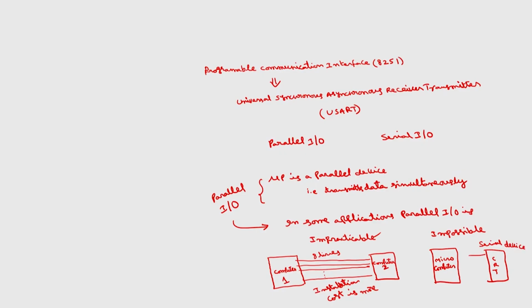So, it cannot accept parallel data. It will accept only serial data, whereas the microprocessor will give parallel data. So, I cannot connect these unless you incorporate some additional hardware. The CRT device is one serial device, and we can also have a printer, also a serial device. In such applications it is not possible to perform parallel I/O operation.